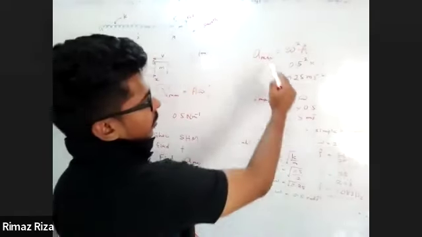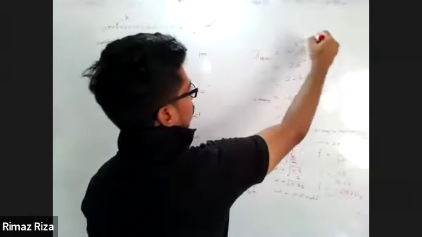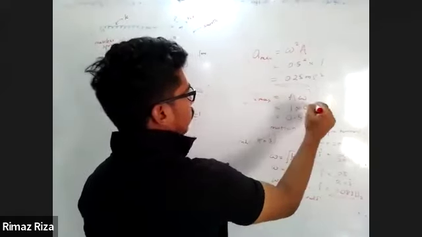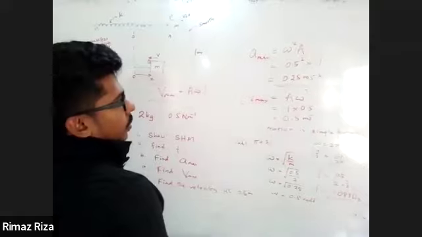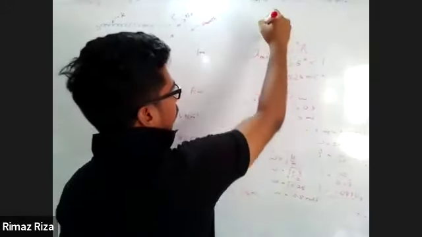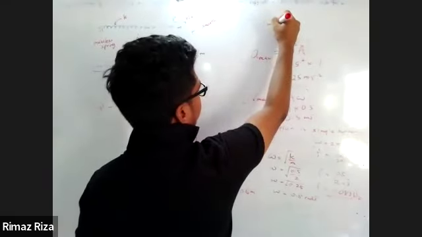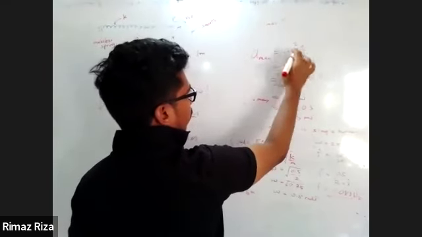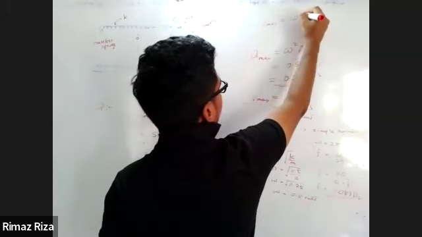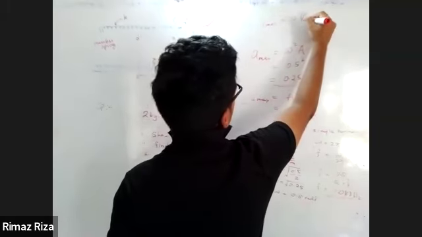By the way, by looking at these two equations, you can get a relation between V max and A max. If you divide these two equations, A omega cancels. So we get A max equals omega times A, and A omega is V max, so omega times V max.